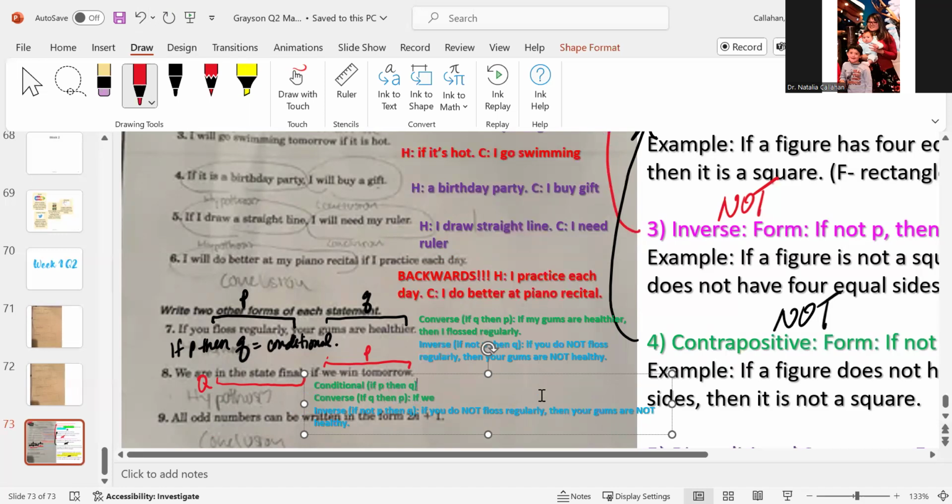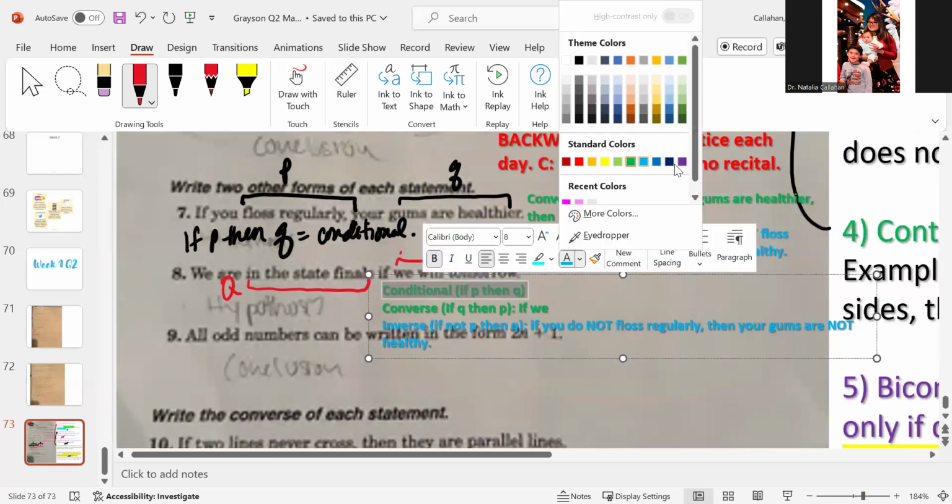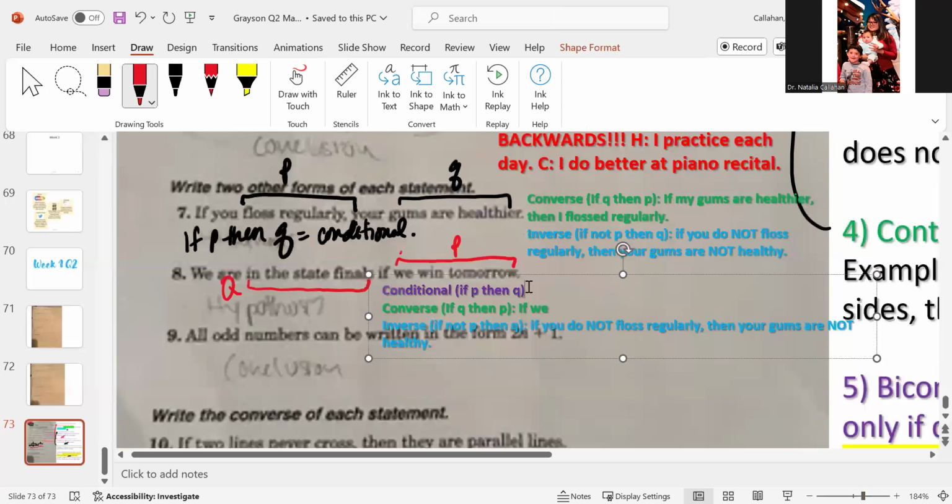So how would you write that? Read it to me. If we win tomorrow, then we are in the state finals. There you go. Now, if you had to write the converse, what would that be?